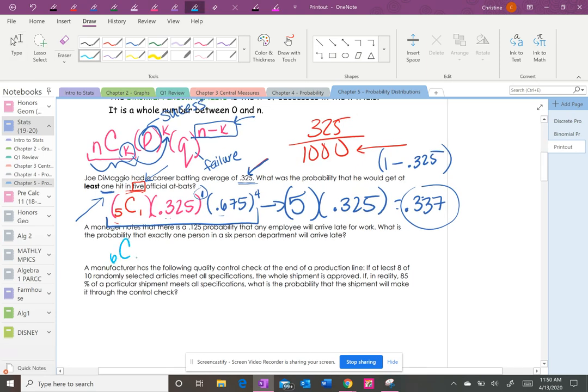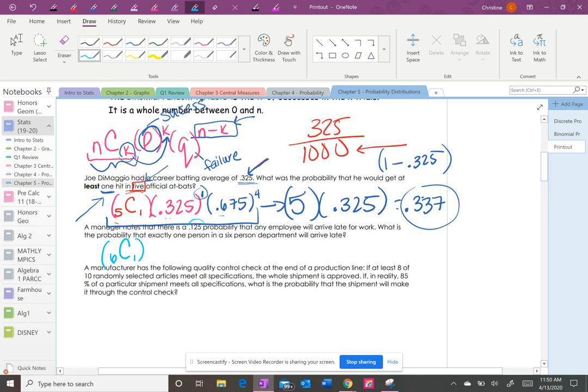You only care about one of them arriving late. The higher that you go, it's going to be a very low probability. Like, if the probability that one person arrives late is like 12%, there's not a high probability that 6 people out of the 6 will all arrive late. So it's already low to begin with.